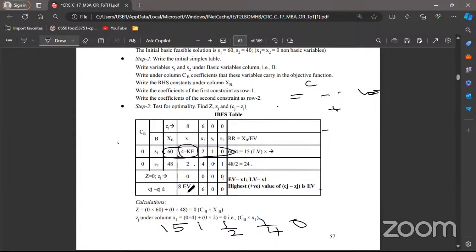So the key column value is 2. For the second row, what is the key column value? 2. So what you do is multiply all the new key row values by 2.